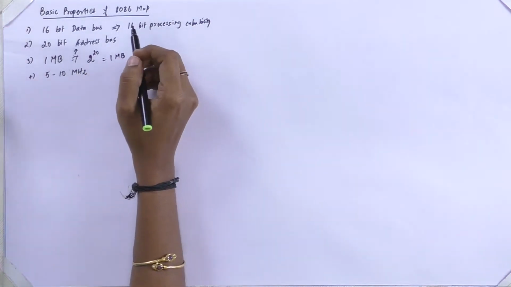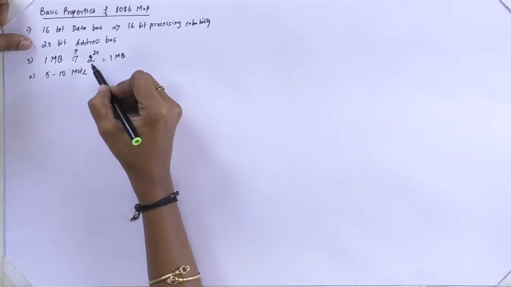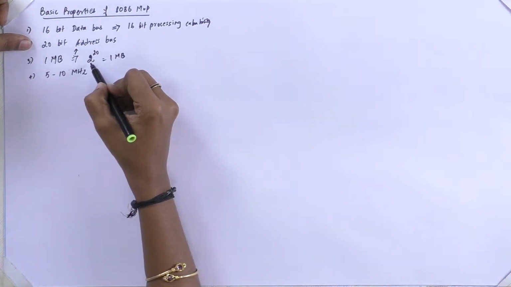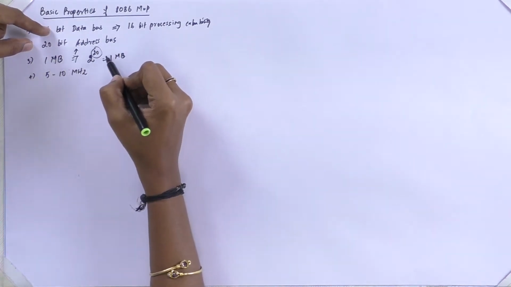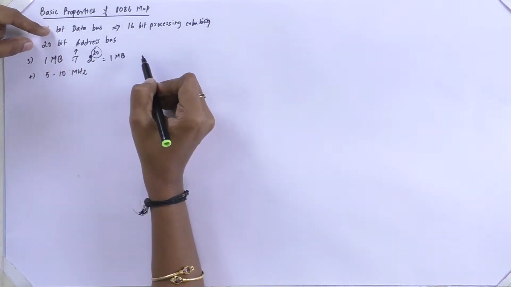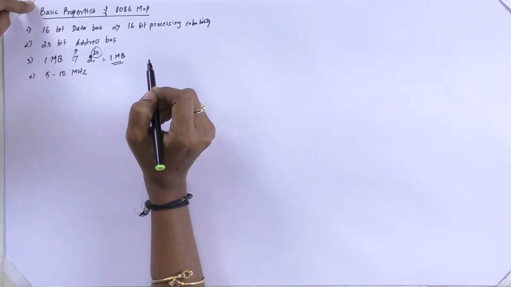So now this 1 megabyte memory capacity is derived using the calculation that 2 to the power of 20, that is the number of bits present in the address bus, is equal to 1 megabyte. So this is the total memory capacity of 8086 microprocessor.